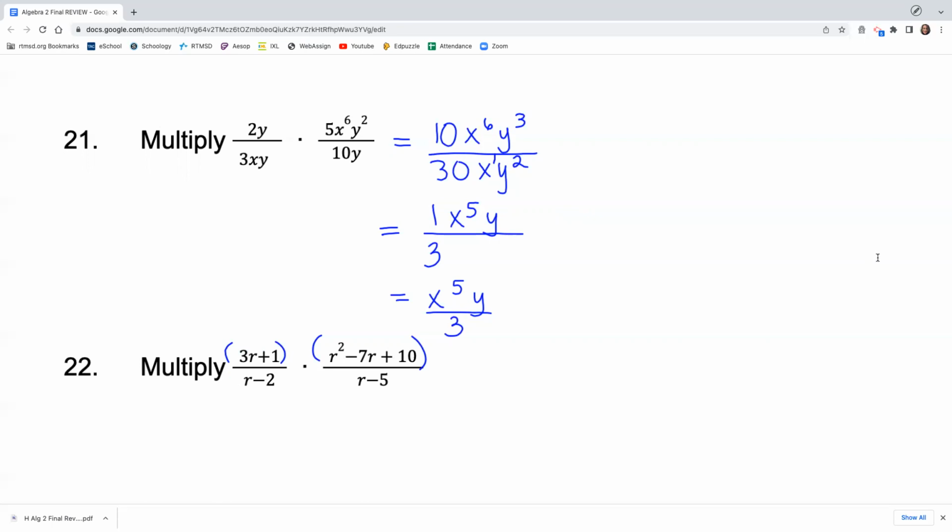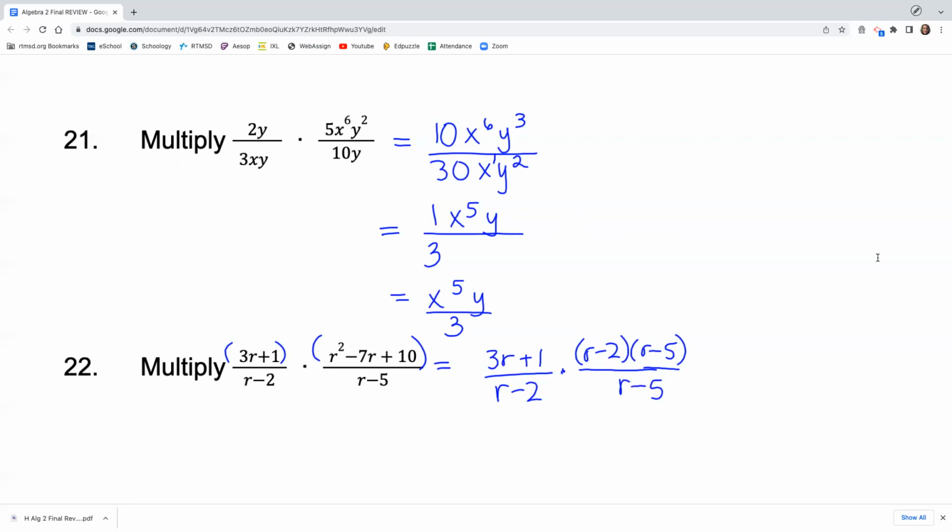So what you do is you factor it right off at the beginning. 3r plus 1 cannot be factored, so it stays 3r plus 1. R minus 2 cannot be factored, so you leave it as r minus 2. But r squared minus 7r plus 10 can be factored into r minus 2 times r minus 5. Over r minus 5 cannot be factored. It's already ready to go.